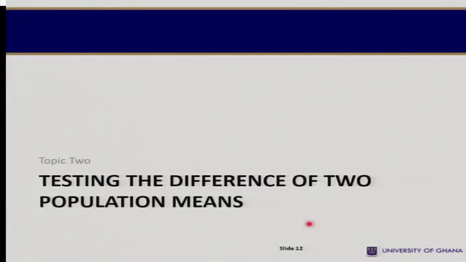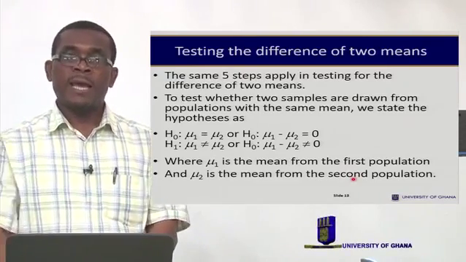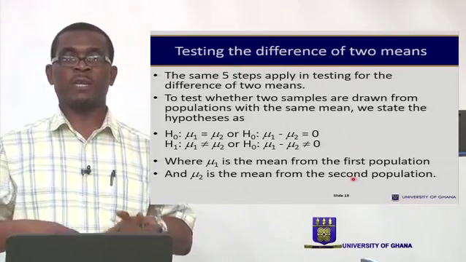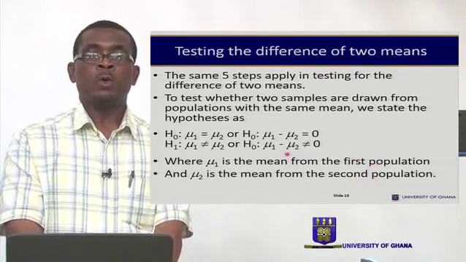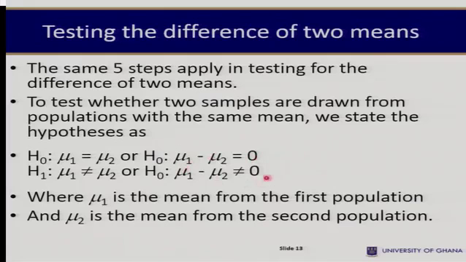Let's move on straight away to look at the difference of two population means. Now again, the same 5 steps apply in testing for the difference of two means. So this is how you state the hypothesis. Now there are two means.